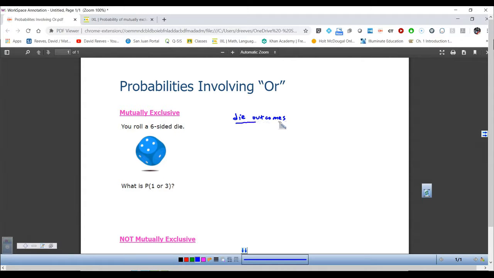Well, if we roll that die, we could get a 1, we could get a 2, we could get a 3, we could get a 4, we could get a 5, or we could get a 6, right? And what are they saying? Well, we could get a 1, and that would be a winner, or we could get a 3, and that would be a winner.